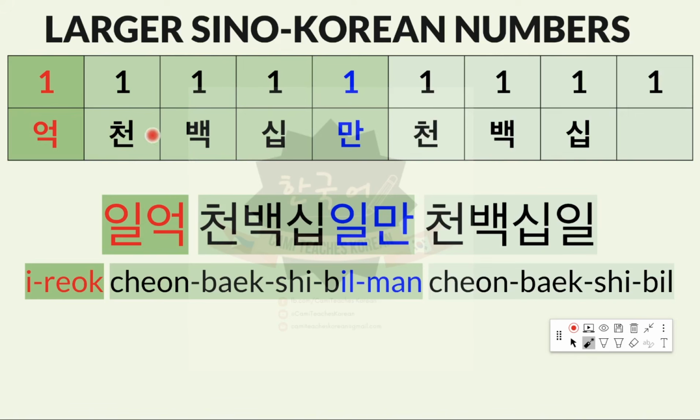So, chon, bek, ship, tapos il man. So, chon, bek, shibil man. So, irok, chon, bek, ship, il man. So, irok, chon, bek, shibil man. 111,111,111. Ang hahaba talaga niyan.